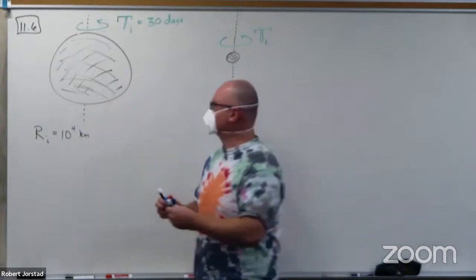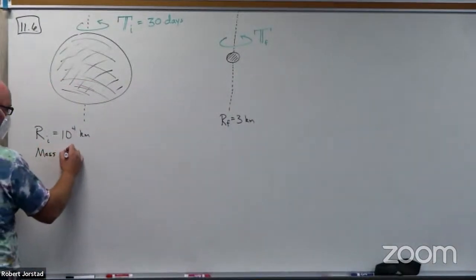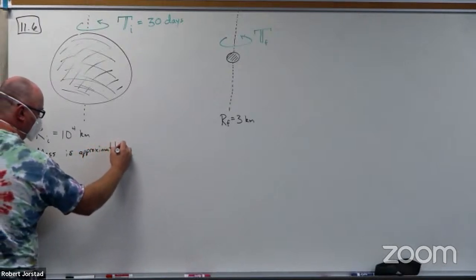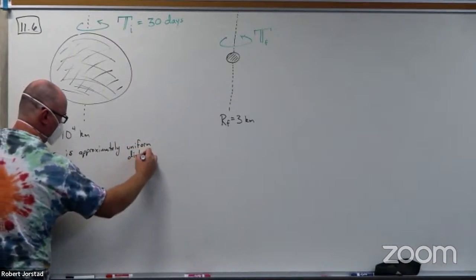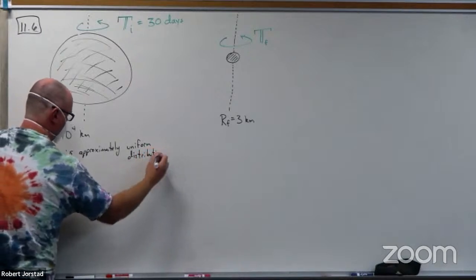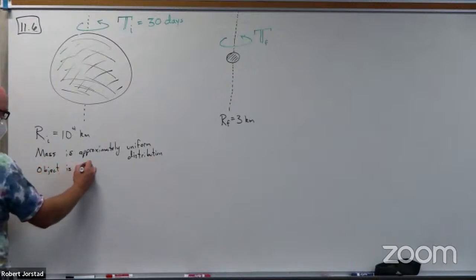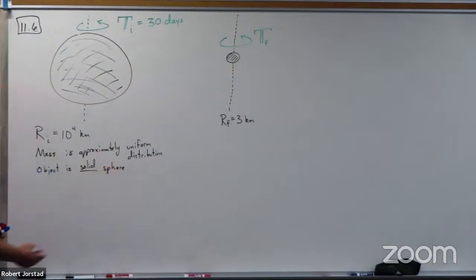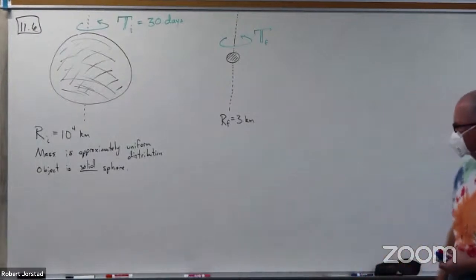Okay, so we're going to assume incorrectly that the mass is approximately a uniform distribution, and we're going to assume the object is a solid sphere. This is not true, but it's hopefully approximately true, at least to give us a feeling, right, for how this star problem might work. Okay?